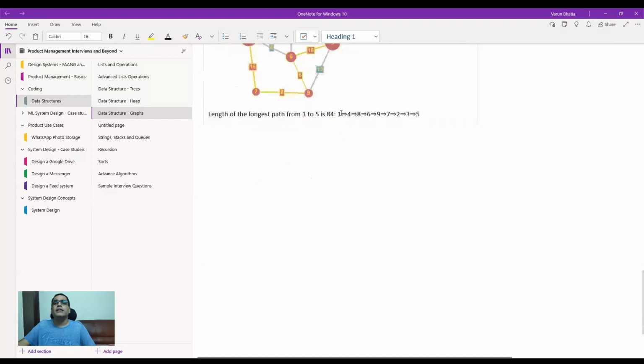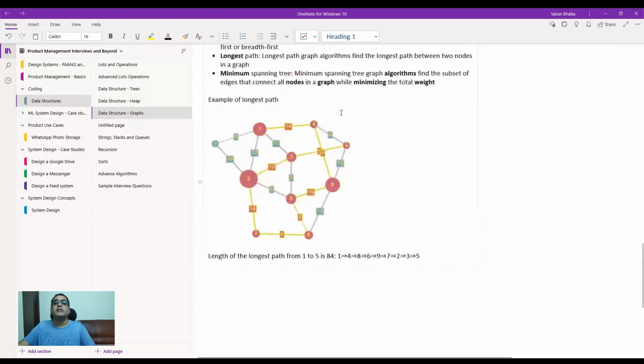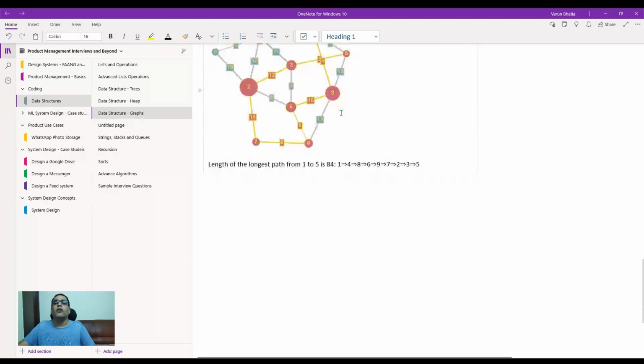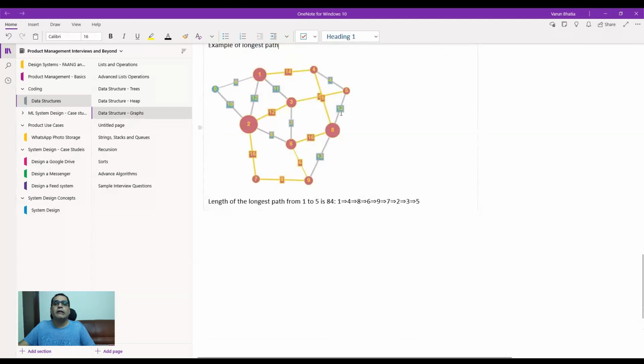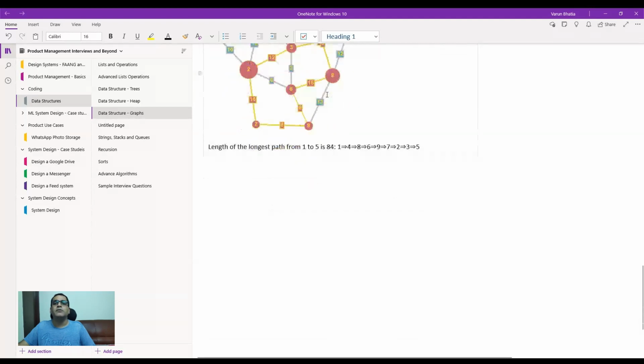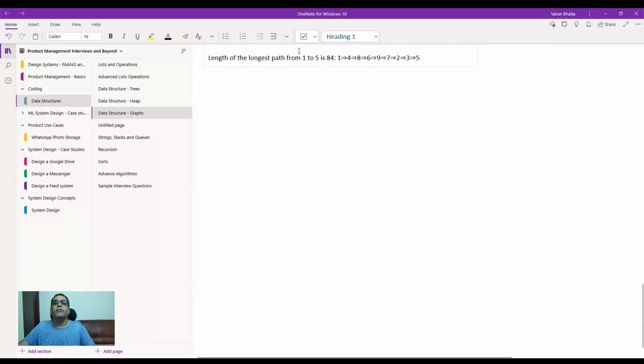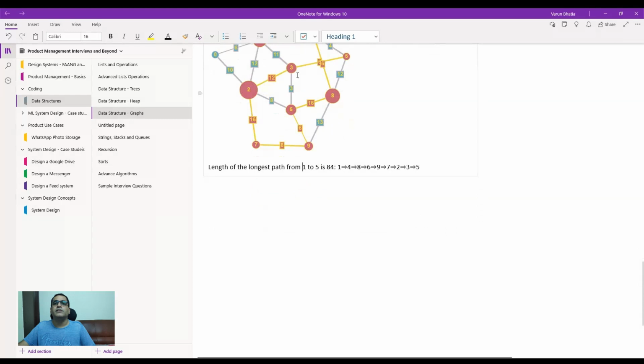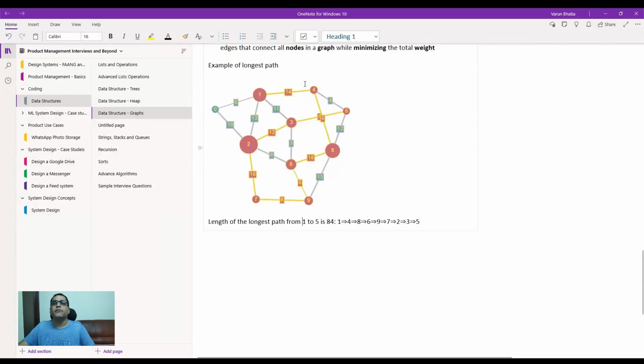Here, for example, I am looking at the longest path algorithm. I am specifying my starting point and my end point. My starting point is 1 and my end point is 5, correct? I have to find the longest path in this whole graph structure.